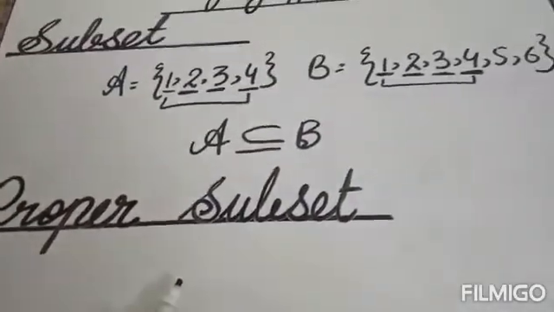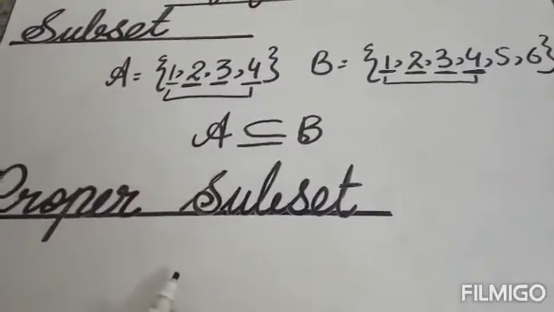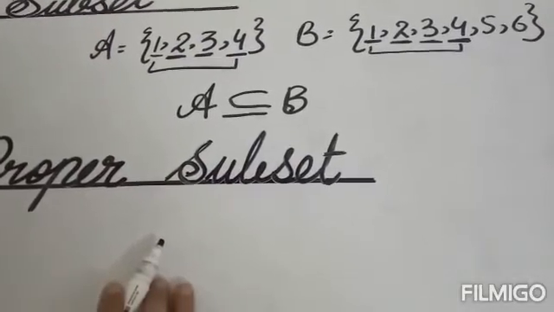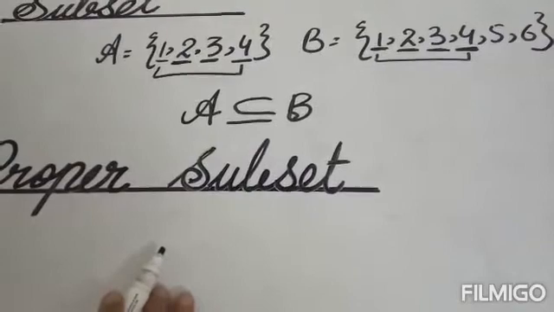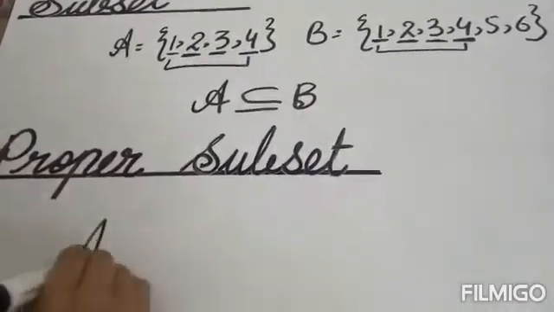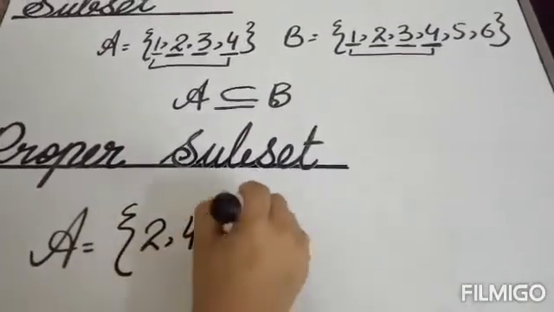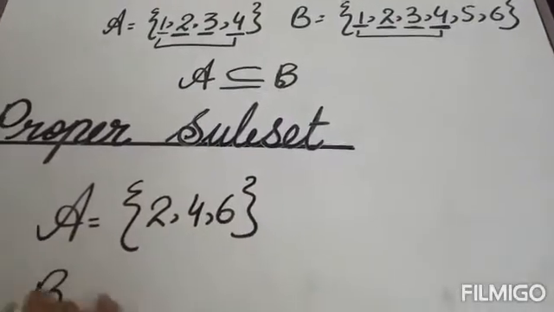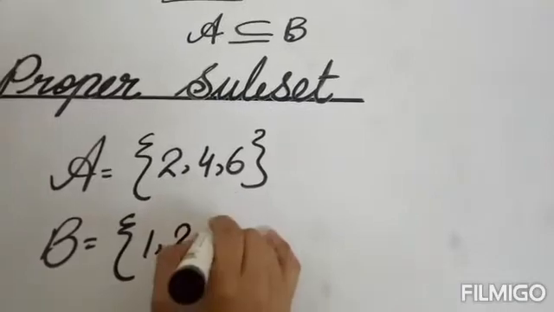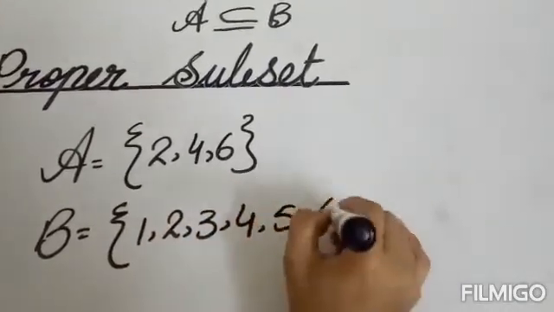Okay, now we move on to the next definition, that is proper subset. What is a proper subset? If every element of A is also an element of B and at least one element of B is not an element of A, then A is a proper subset of B. Suppose you have the set A is equal to {2, 4, 6} and B is equal to {1, 2, 3, 4, 5, 6}.